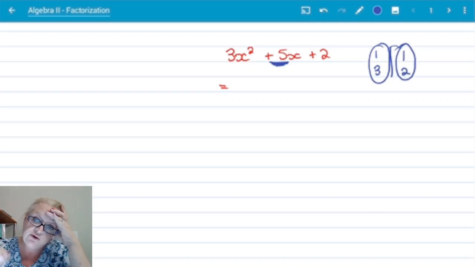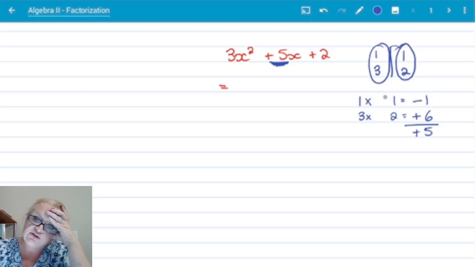Will 1 and 6 work to give you a positive 5? Yep. So we say 1 times 1 is 1. 3 times 2 is 6. You want to get an answer of a positive 5. So it's a positive 6 and a negative 1.